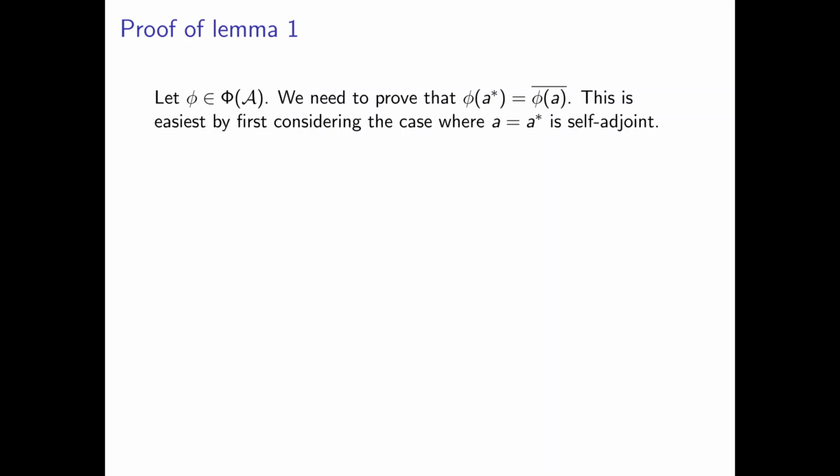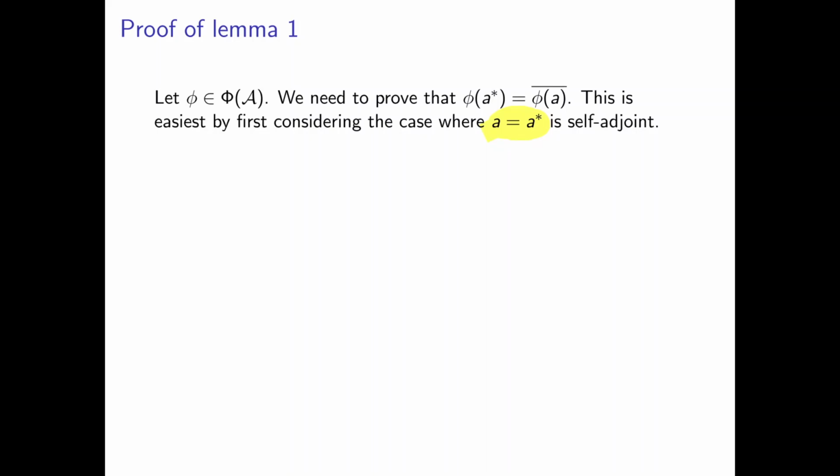But realize that we only need to prove that phi of A star is always going to be equal to the complex conjugate of phi of A. That is what we need to prove, because then we can also prove that this Gelfand transform automatically preserves the star structure and thus becomes a star morphism. And this thing is easiest to do by first considering the case where A is self-adjoint, which we have here.